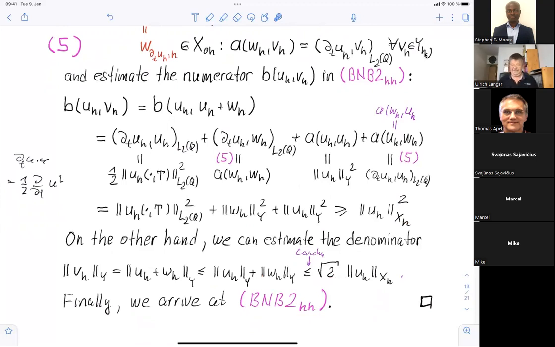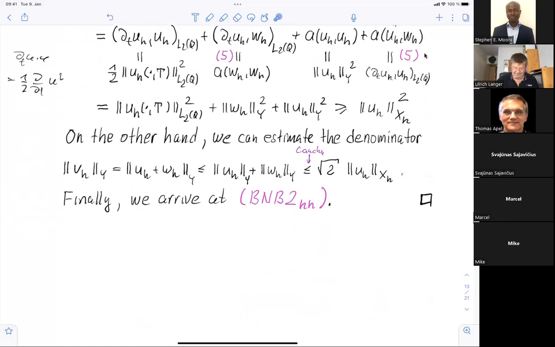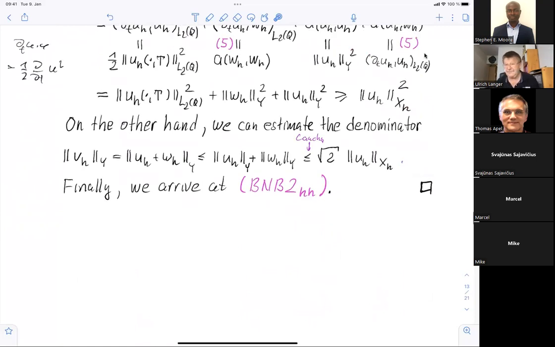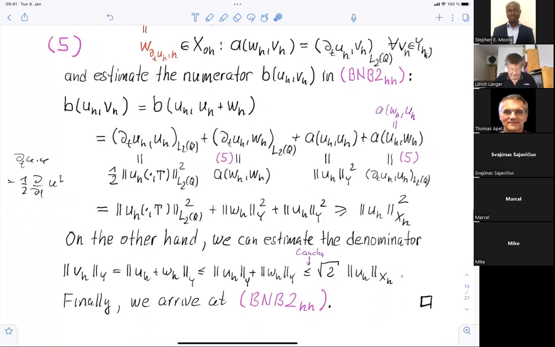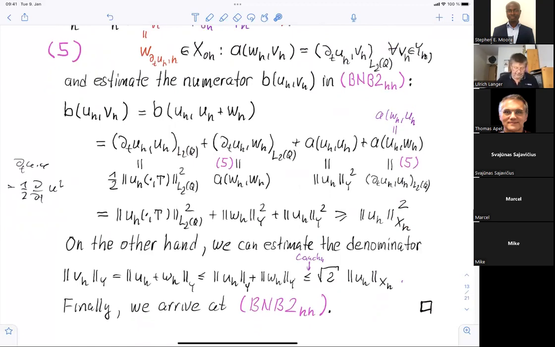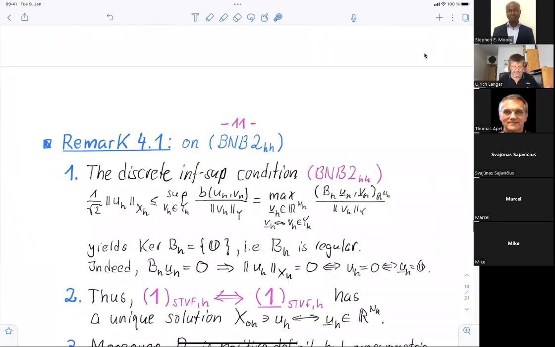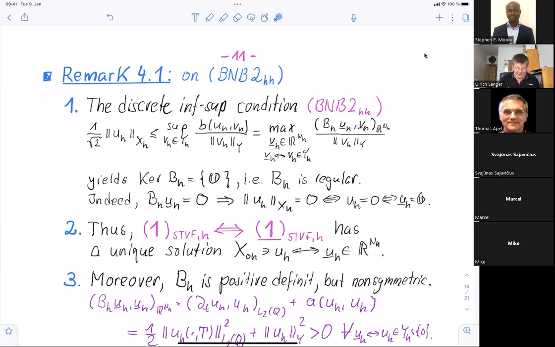And we are done. So this was the discrete inf-sup condition, and the same way you do the infinite dimensional inf-sup condition. So what does this mean? The discrete inf-sup condition means that the kernel of your matrix is only zero, as you see here. We have a representation. This is a norm. This is 0 when this is 0.